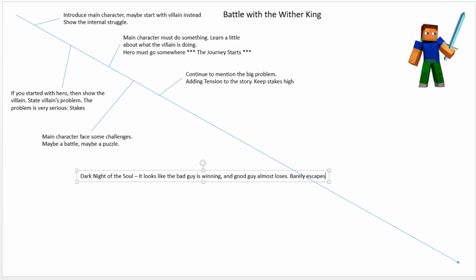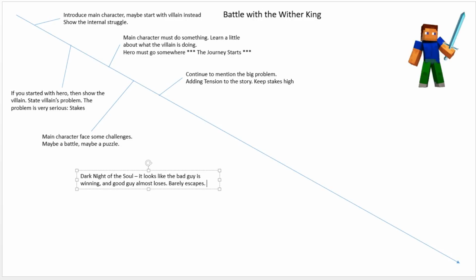And this is really important because you want to trick the reader into thinking, "Oh wow, look at that! Game Night's gonna die, and we're only in like the middle of the book. Oh my goodness!" So you want to trick them into thinking that something like this is going to happen. And you remember how when you went through all of those materials on outlining your story, you had the internal struggle.